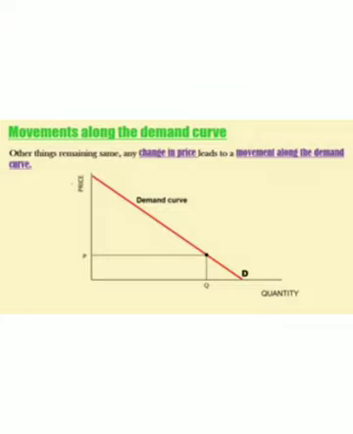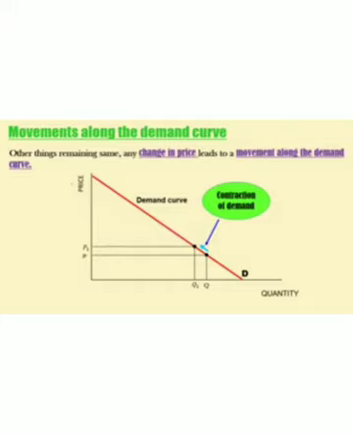Now, if the price increases to P1, it will cause an upward movement along the demand curve, and the consumer's demand for the commodity will fall to Q1. This is known as contraction of demand.